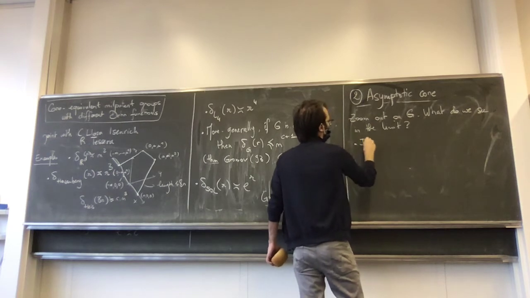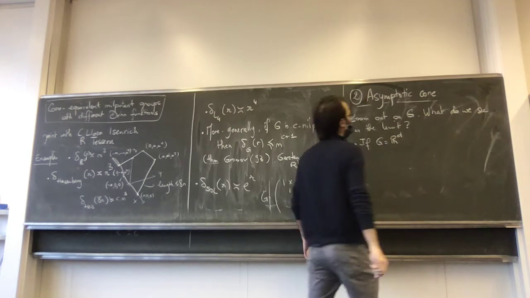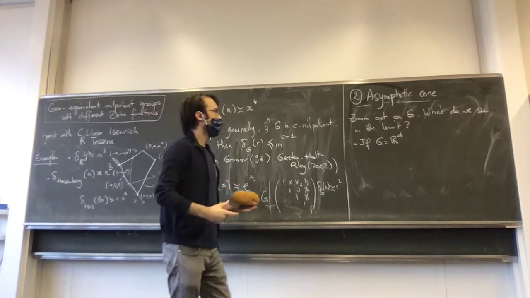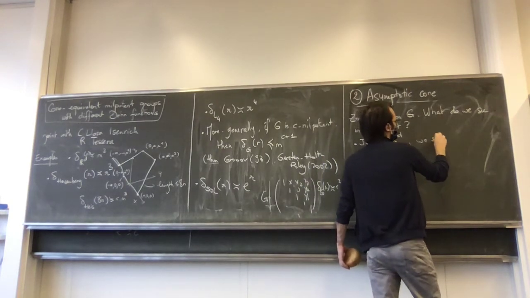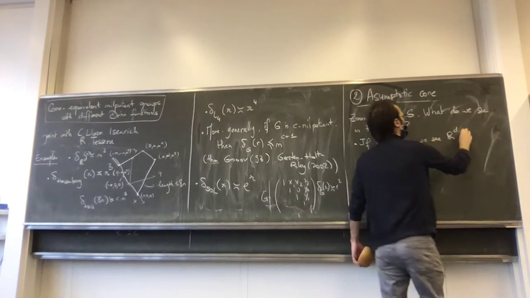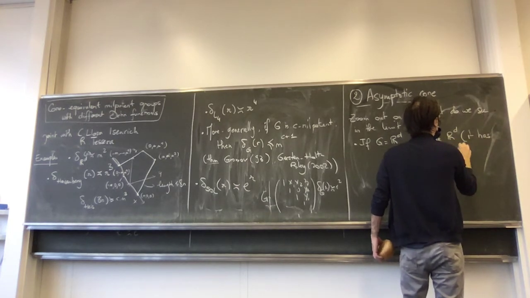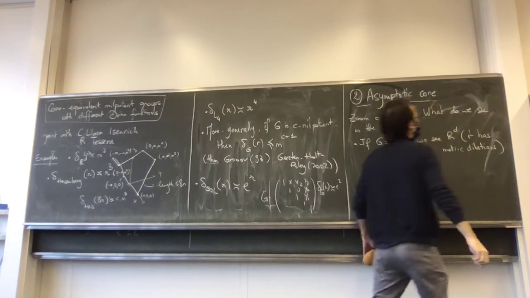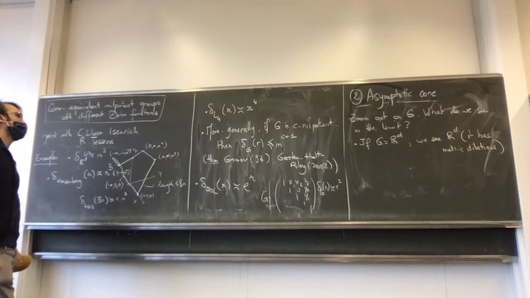If G is R^d, it happens that in fact it has metric dilations. It means that it's isometric to its rescaling. So in fact we see R^d, because it has metric dilation. So nothing happens. But we can ask the question for more general groups.